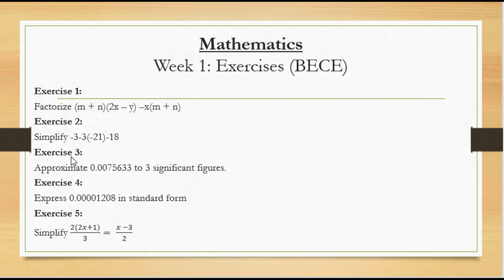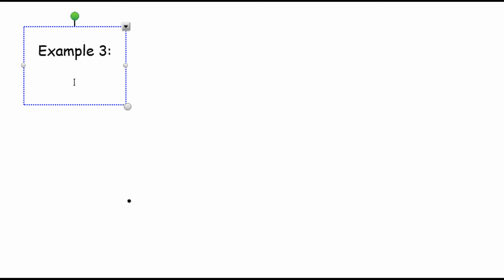Now let's solve exercise 3. Approximate 0.0075633 to 3 significant figures. We are asked to approximate 0.0075633.